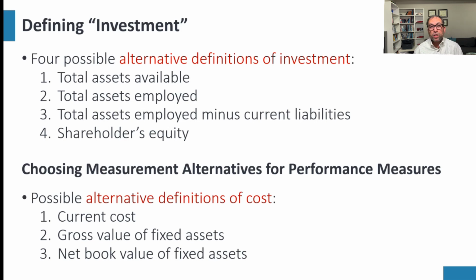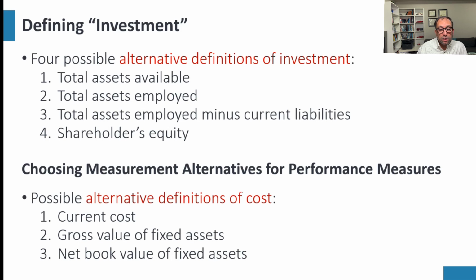That's the reason we mentioned in the beginning that if someone is calculating this ROI on a different basis, taking a different definition of investment, it's not going to work very well in comparing different subunits. So we can select any one of these four definitions of investment.